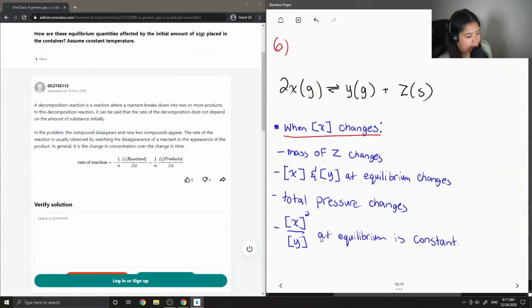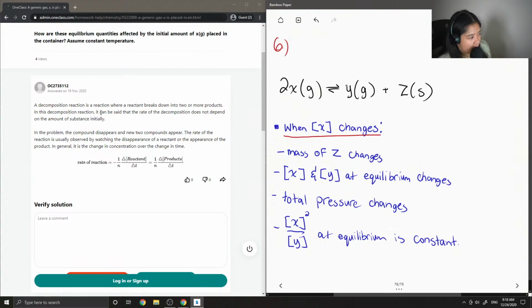So this last point can be described as the rate of decomposition. And the reason why the X is squared is because in the balanced chemical equation, there is a coefficient of 2 in front of the X. So that's why it's important to balance your reaction equations, because this in turn will affect the rate of the reaction.